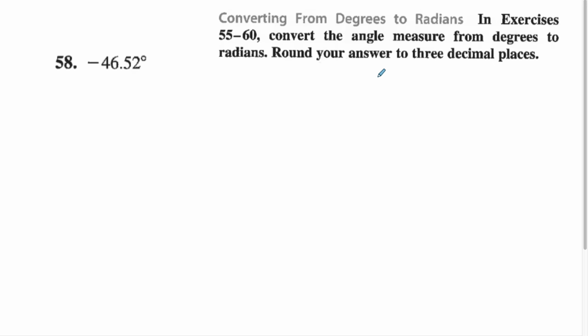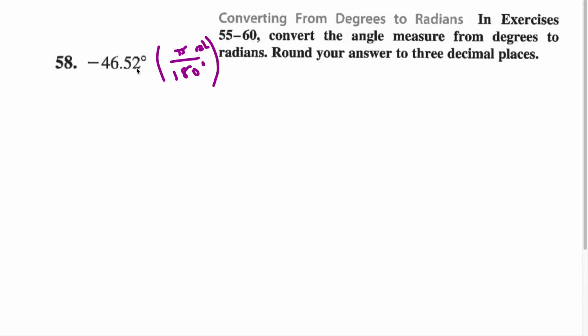Okay, convert the angle measured from degrees to radians, round your answer to 3 decimal places. So we're trying to get rid of degrees, which means 180 is going to go on the bottom, 180 degrees, so the units cancel out, and then pi radians. Now this is where it gets a little bit tricky. I'm going to treat this pi as right around 3.14159, which means I'm going to take negative 46.52 and multiply it.